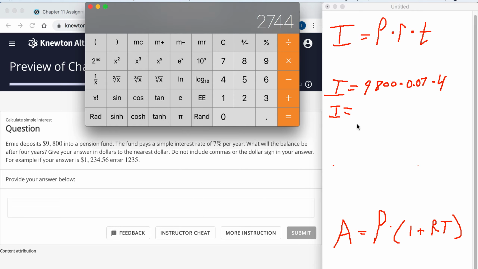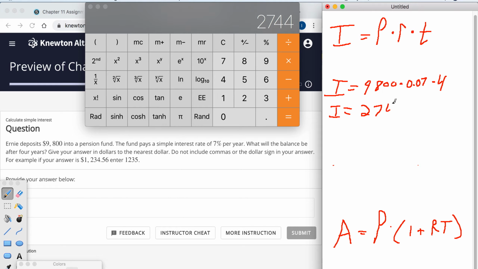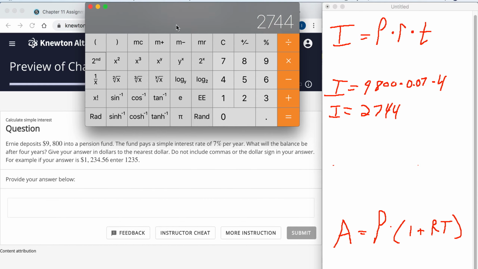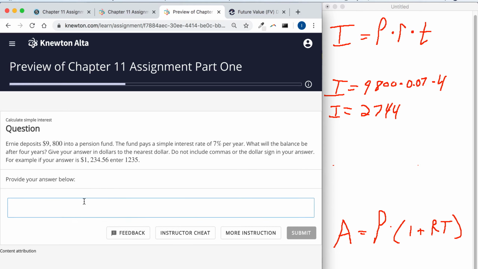So we got 2,744. So what's the balance? It's the interest plus the principal. We've got $12,544.